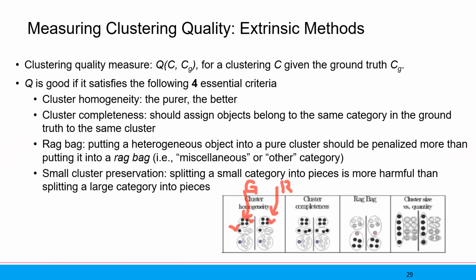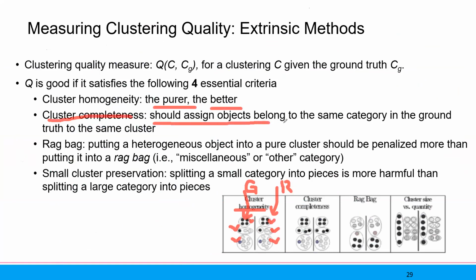The ground truth is actually this one, but the clustering result is this one. The ground truth is this one. The result is this one. The purer, the better. So if it is more like the homogeneity of the ground truth, then it is better.